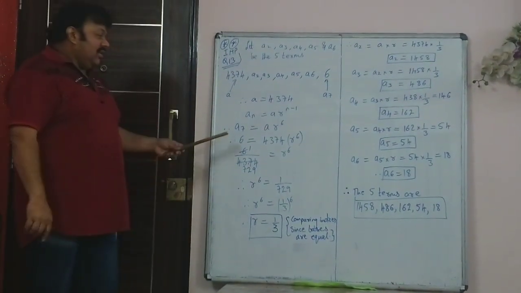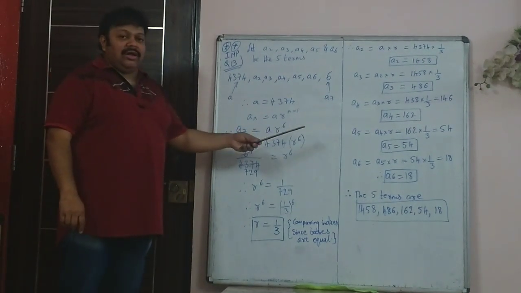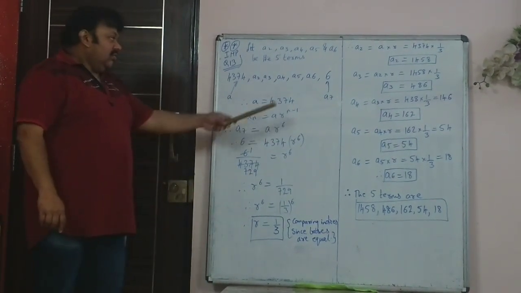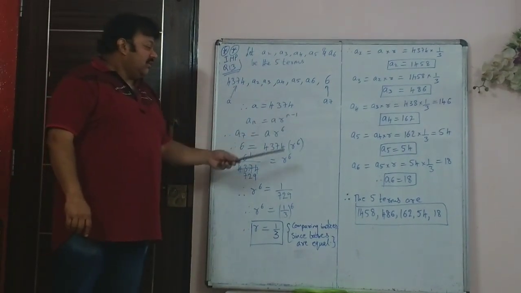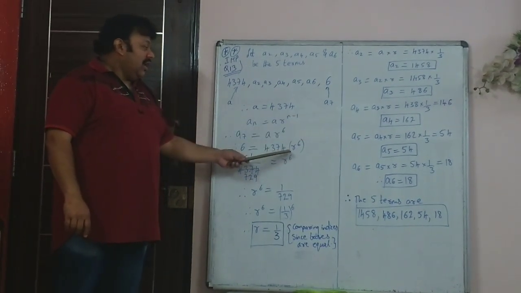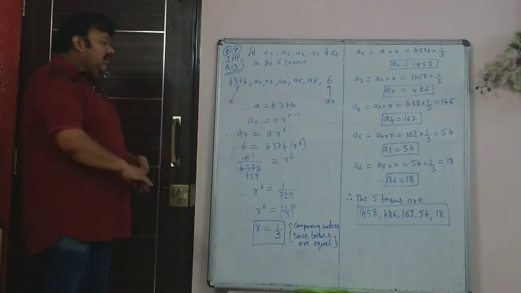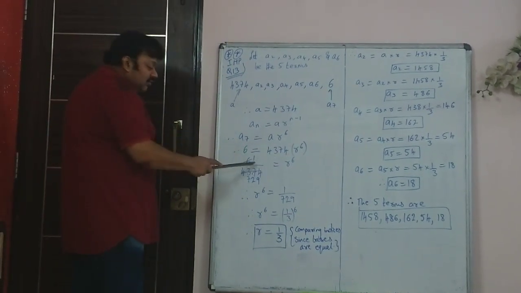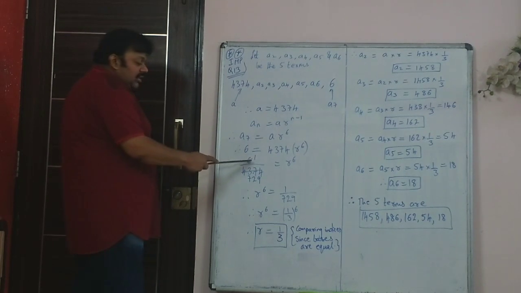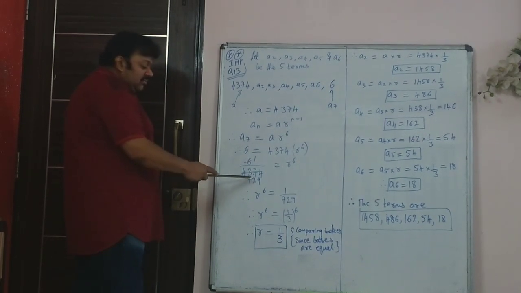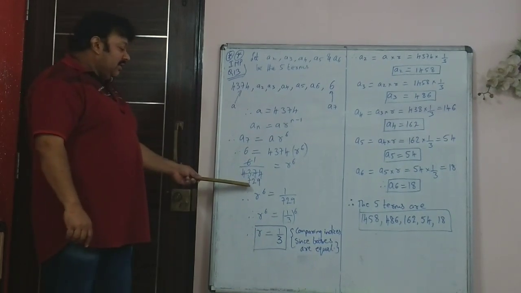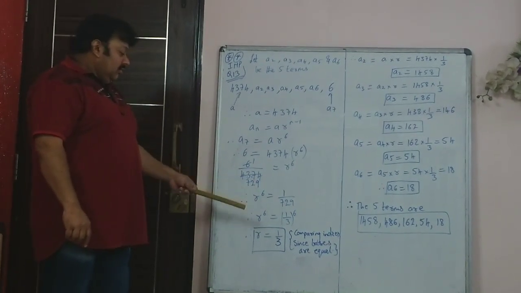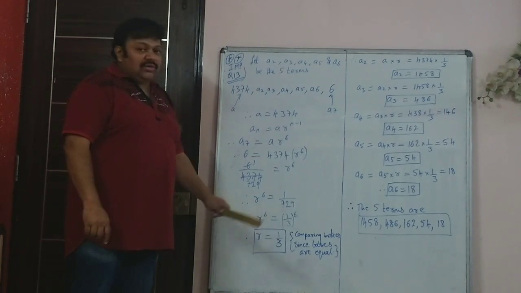Now in GP you have the formula an is a r raised to n minus 1. So the 7th term, that is 6, is 4374 into r raised to 6. So if you take 4374 below 6 and do the division, it becomes 1 upon 729. 1 upon 729 is actually 1 upon 3 raised to 6.